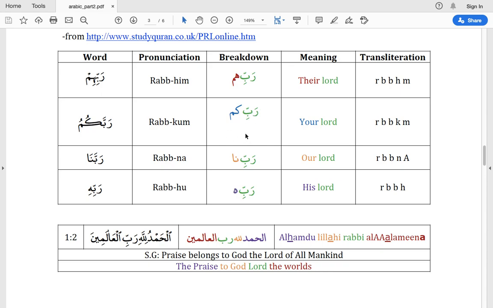But basically, this is how Arabic works. You're combining these sets of characters together to form sentences. They're joined together, so it seems like one word, but it's actually one word or two words or three words joined together.